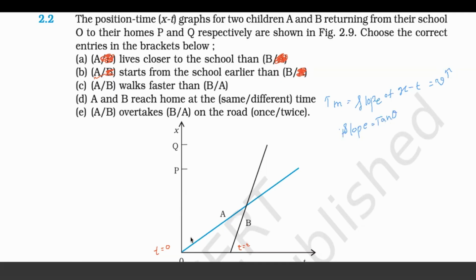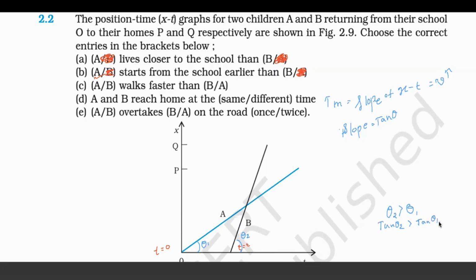Here, look very carefully. I will take this as theta 1 and this as theta 2, and theta 2 is greater than theta 1. So tan theta 2 is greater than tan theta 1.